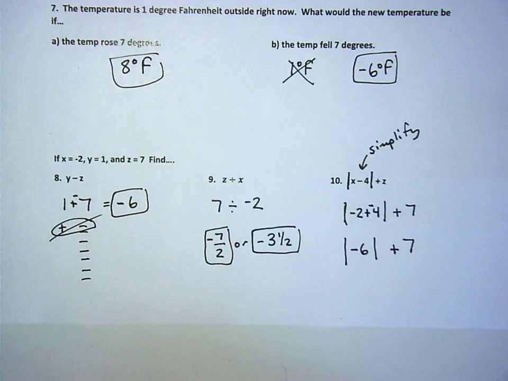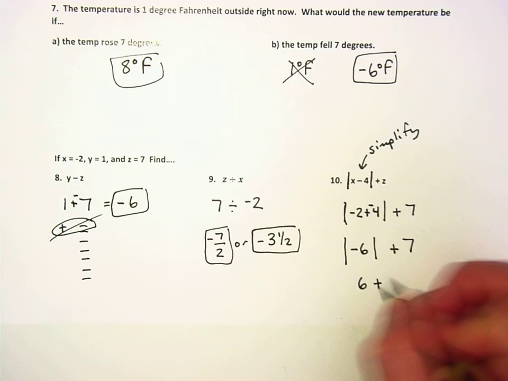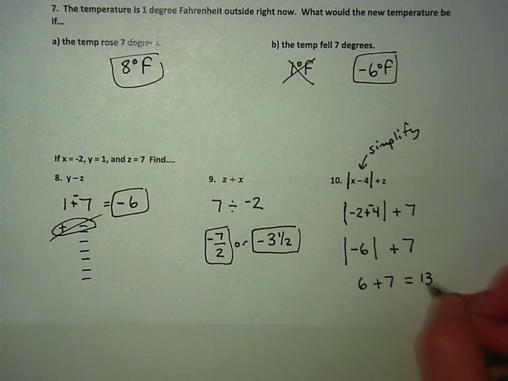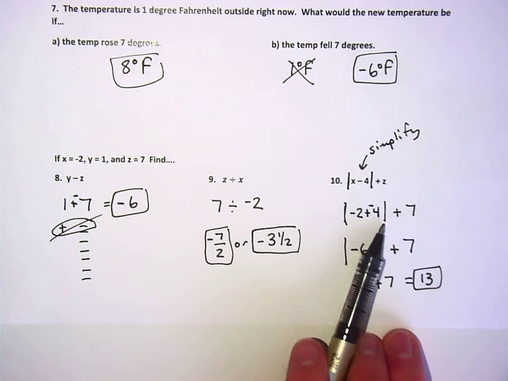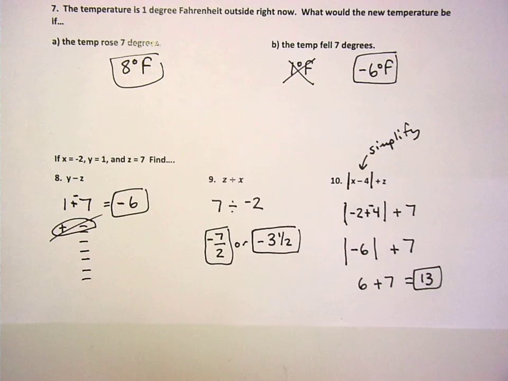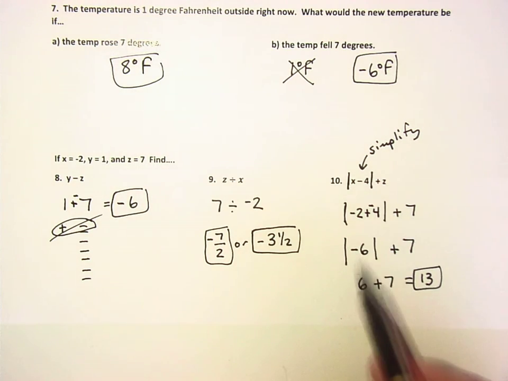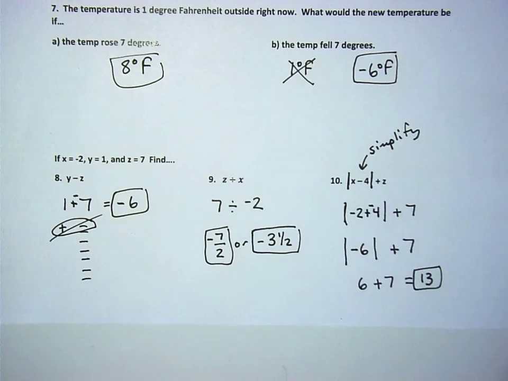And what is the absolute value of negative 6? 6. 6 plus 7 makes 13. Do not simplify and say, ooh, I changed it to a positive 2 and a positive 4. That does not always work. In this case it did, but if one had been positive, one had been negative, it would have been wrong, okay? So make sure you only simplify once you get one number down in the absolute value.